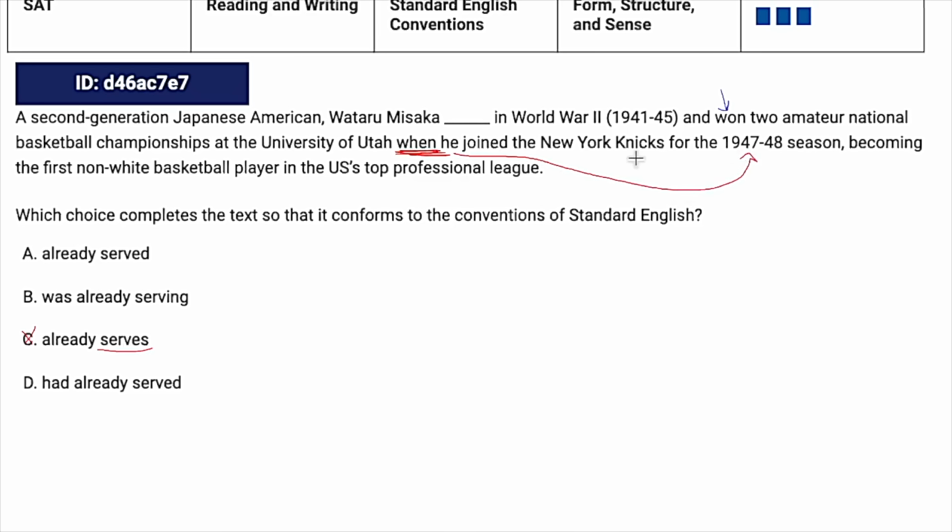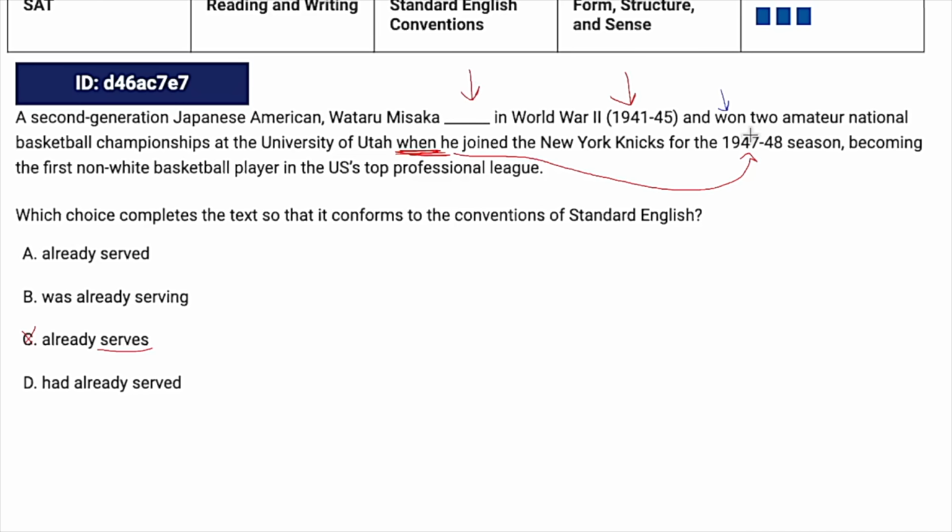And then interestingly, we get the serving in World War II happens before this, right? So now we know we're in the past and we're not talking about two things happening simultaneously. We're basically saying this had already happened when this other thing happened.